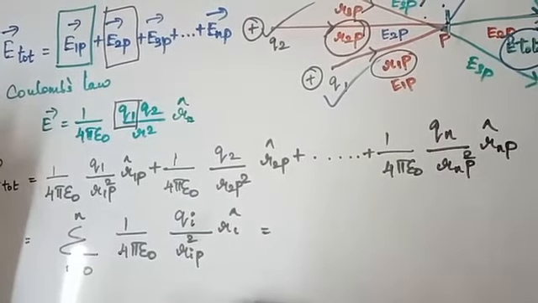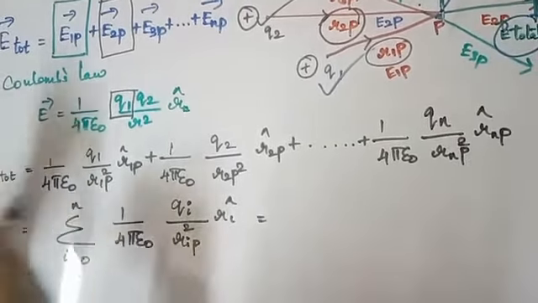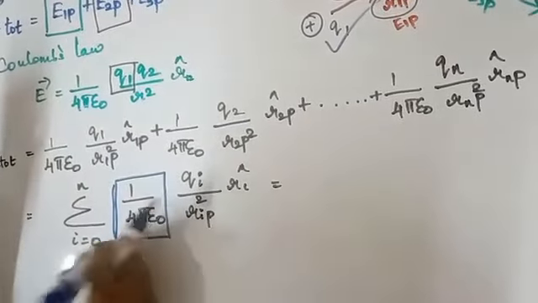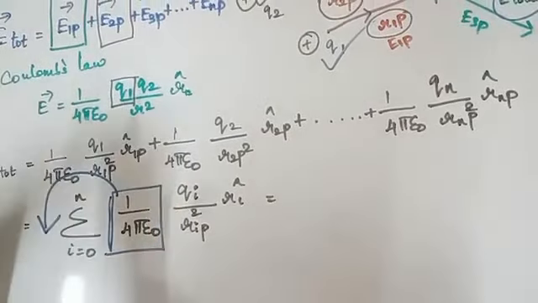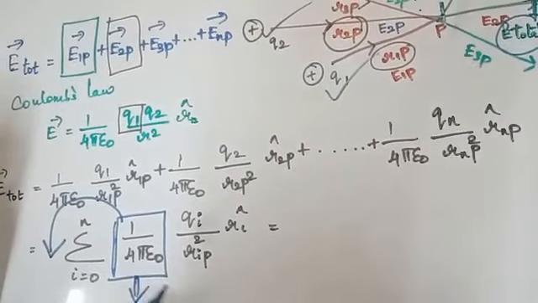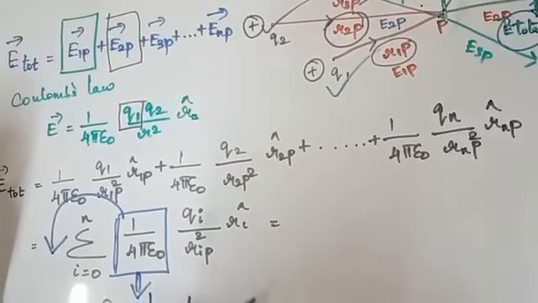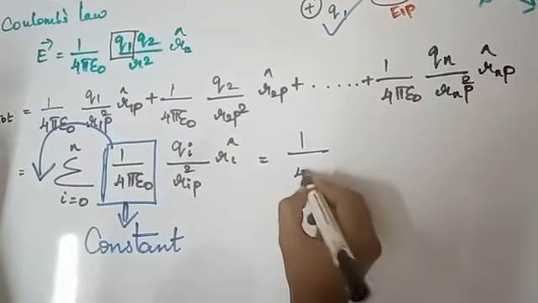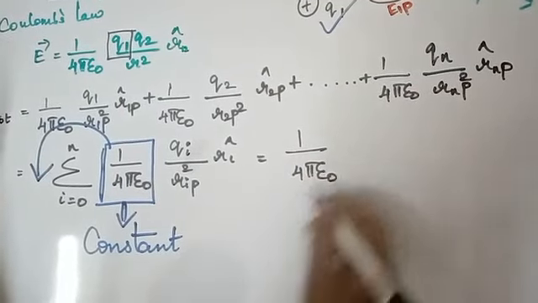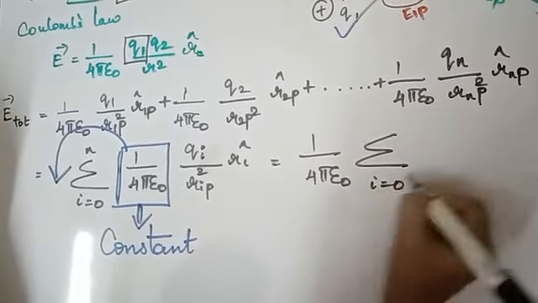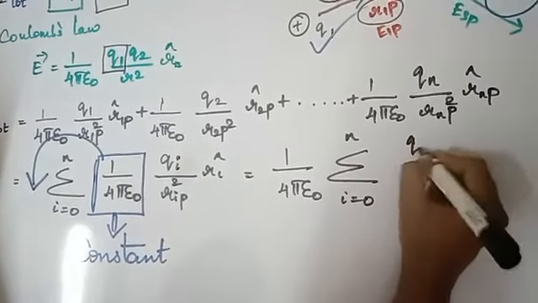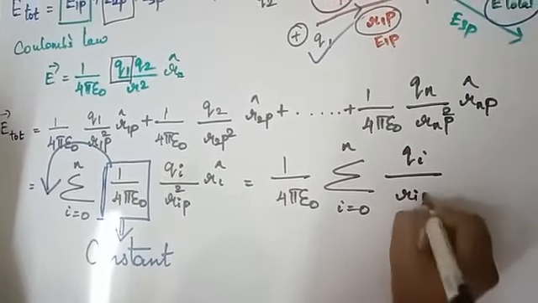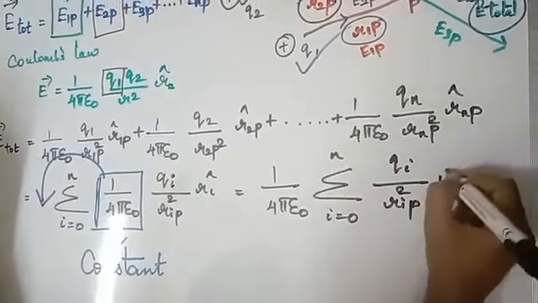I am going to take 1 by 4 pi epsilon naught outside the sum, because this value is constant and never going to change. So E total equals 1 by 4 pi epsilon naught times the sum from i equals 0 to n of Qi upon RiP square, Ri unit vector.